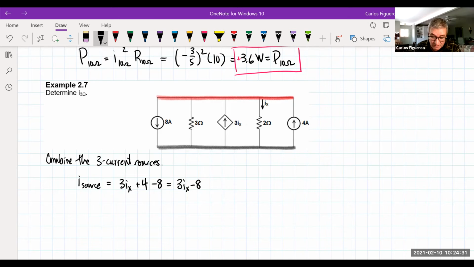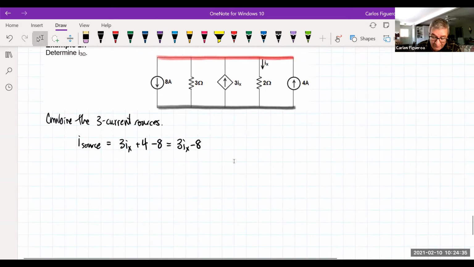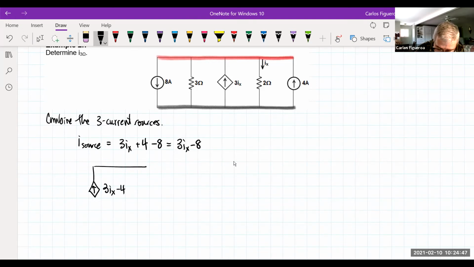So when I look at my circuit then, since I have a dependent source there, I have to draw my dependent source with the diamond pointing up. And this guy is going to be what? It's going to be 3Ix minus 4. And then I have 2 resistors in parallel.